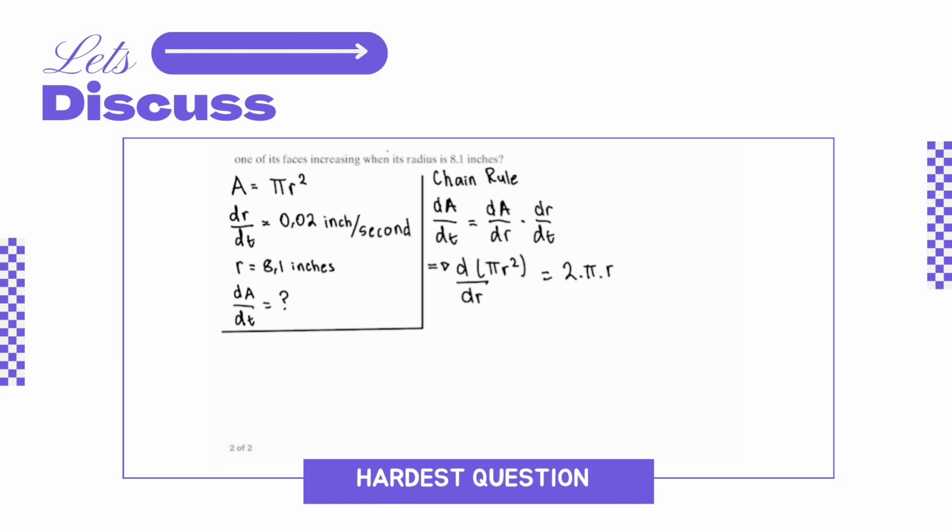Since we already have this, now we can go back to solving it. dA per dt equals 2 pi times 8.1 times dr per dt, 0.02. The result will amount to around 0.324 pi inches squared per second.